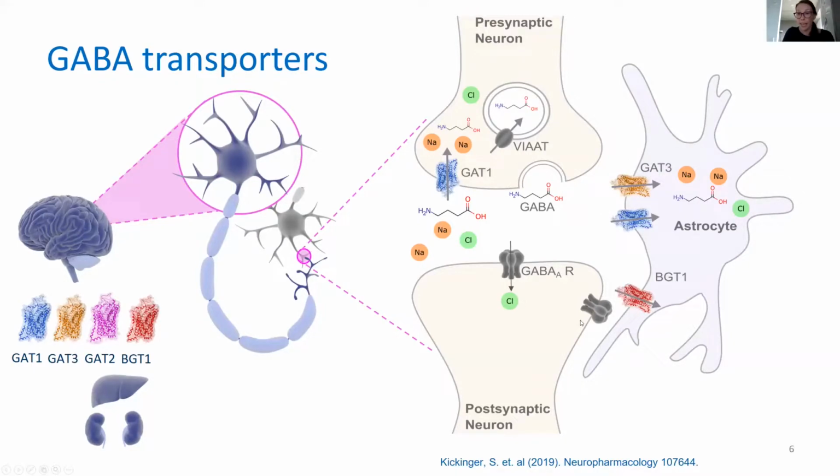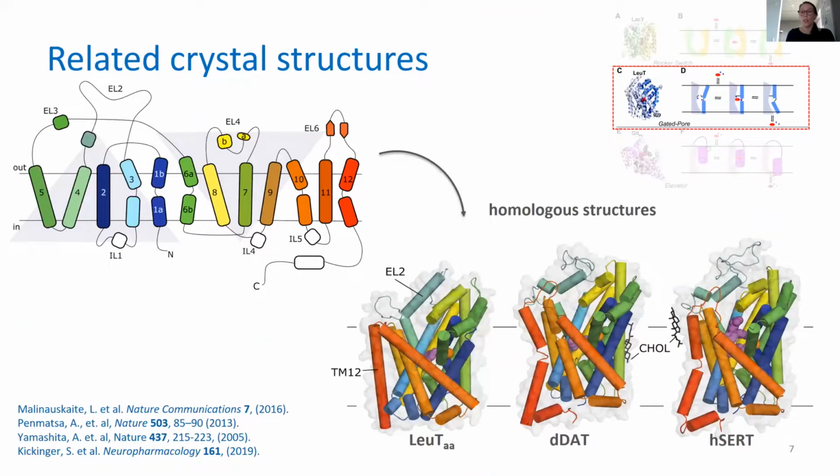But the thing is, as we don't have a structure and we don't have selective compounds yet, in my PhD we tried to understand what makes a compound a selective inhibitor, particularly for the BGT1 transporter. Because this is going to be some structure-based work, I also have to walk you through the different structures that we have available.